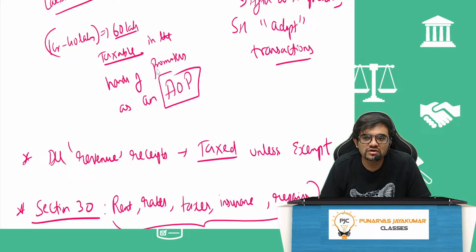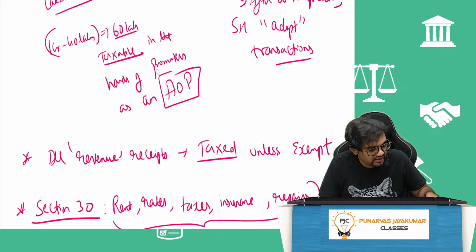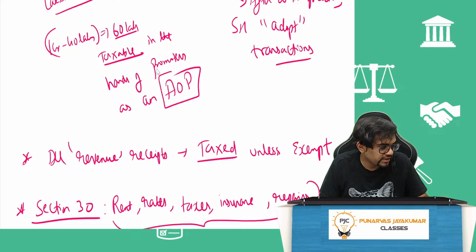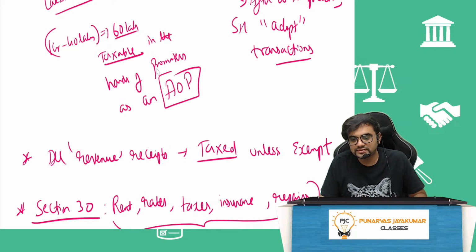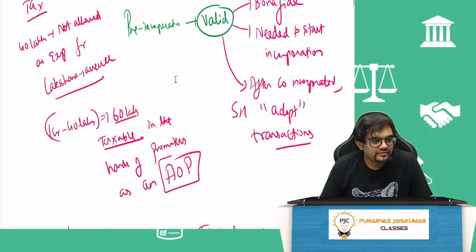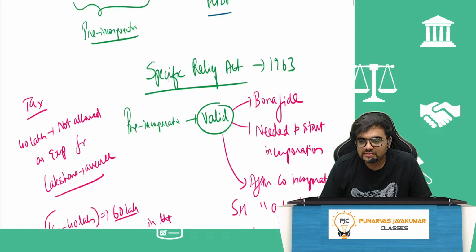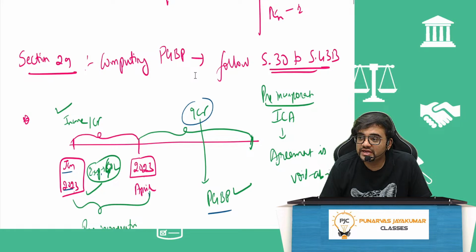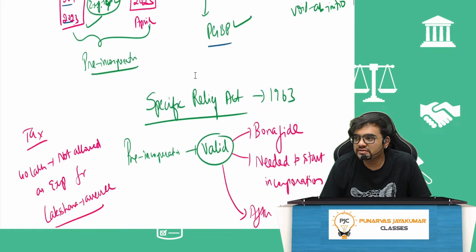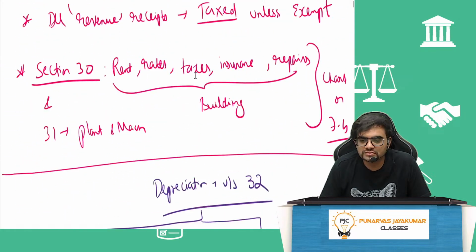Because the company is not formed, the lawmaker will make it into an Association of Persons, and he will tax. Very, very clear. Got it, guys? Simple. So, section 28, charging section. Section 29, computation.